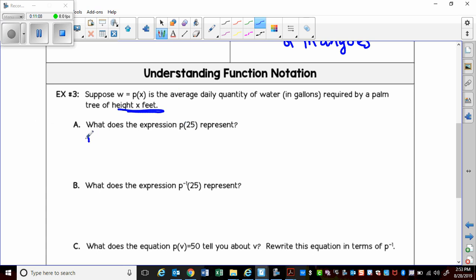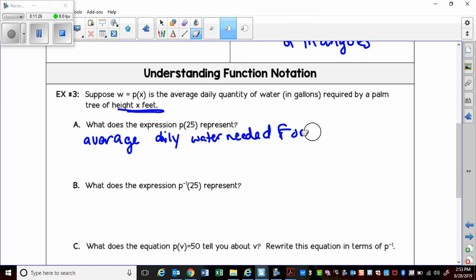So this is the average daily water needed for, so this one it says is in feet. So 25 feet, a 25 foot tall palm tree.